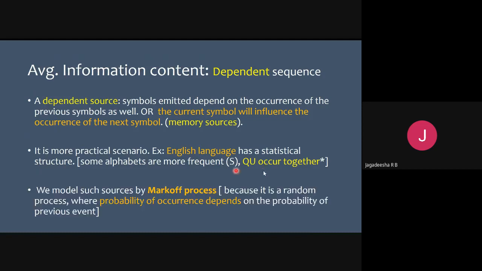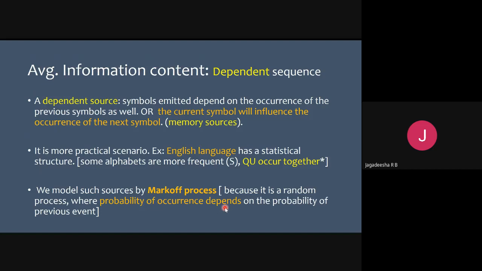Here we call such dependent sources Markov sources. This process is called a Markov process because it's basically a random process, and the probability of occurrence depends on the previous event or previous message or information.